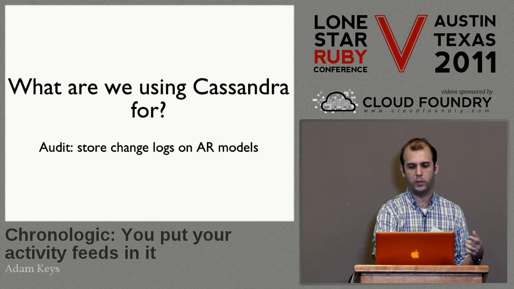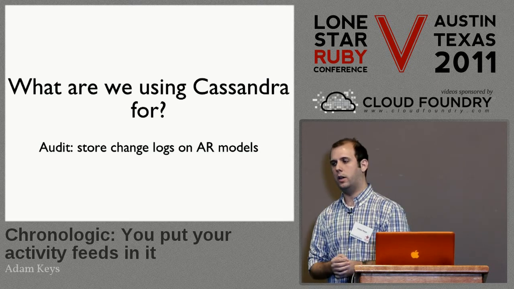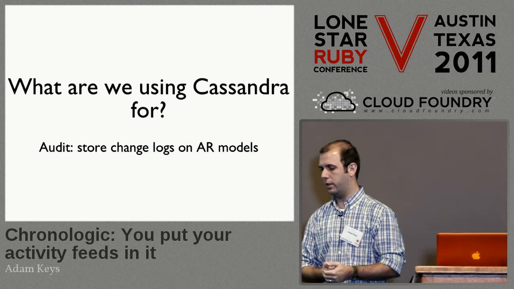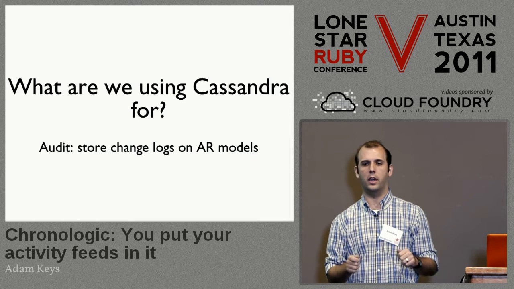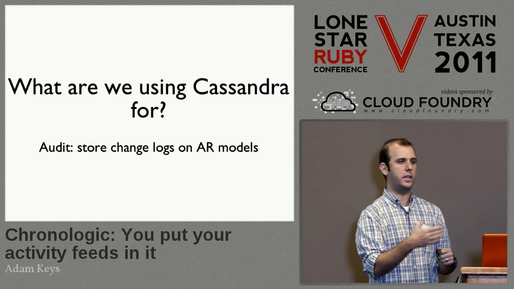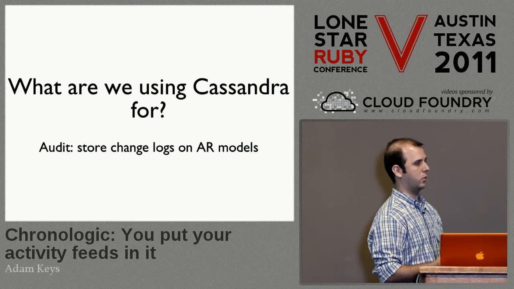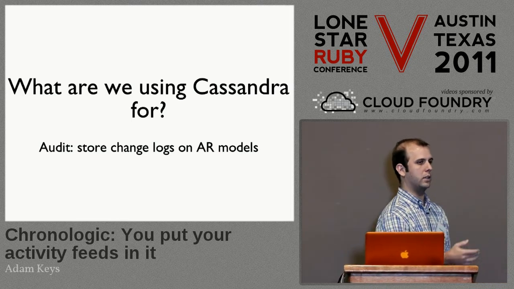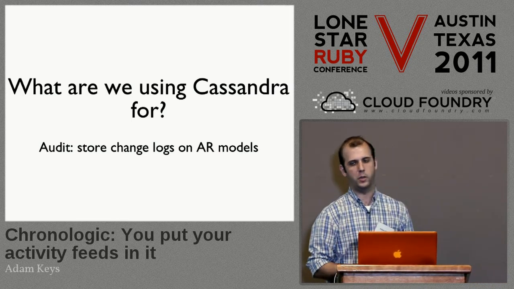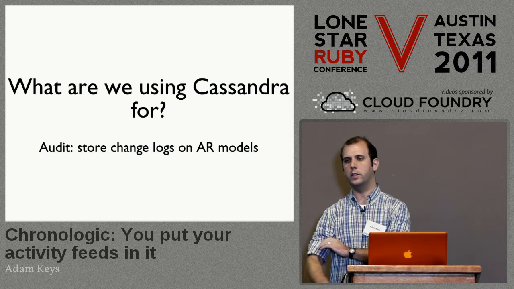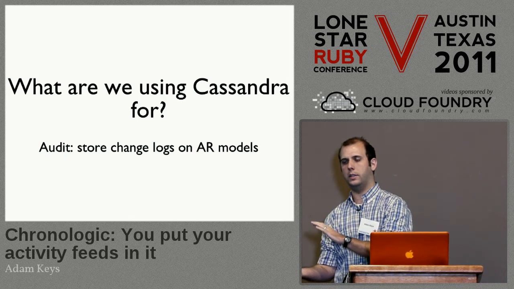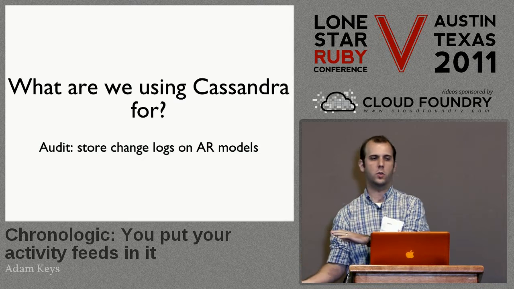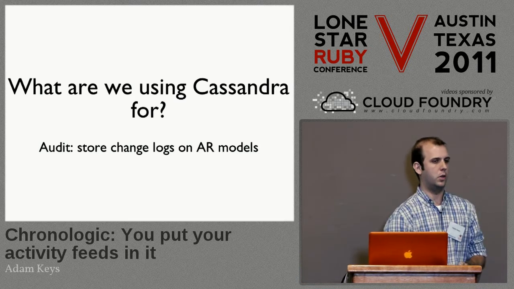So what specifically are we using Cassandra for? Last year at this conference, I started tinkering around with a way to store audit data when users change spots or various data changes in our system. We were writing an audit log to Postgres, and that table was growing very quickly. So I wrote just a little rinky-dinky thing that stores that into Cassandra instead of Postgres.